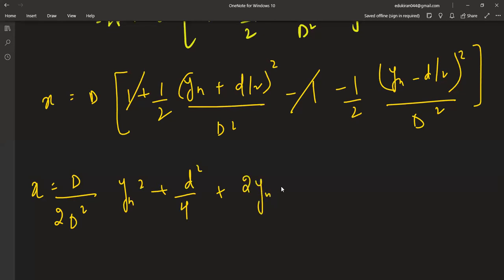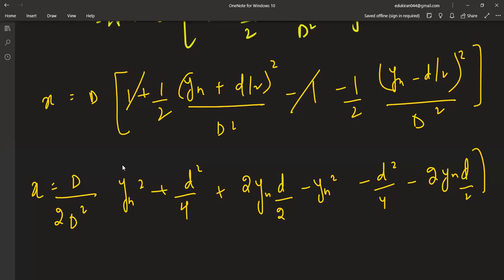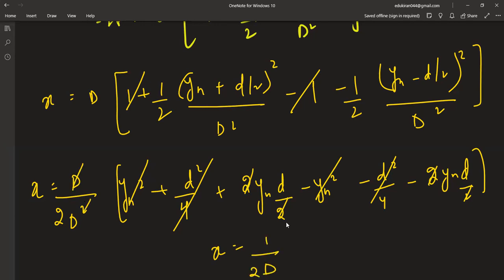So 2ab d by 2. This will be minus yn square minus d square by 4, and this will be 2 and d by 2, same thing, just with a negative sign. These will cancel. This 2 will be cancelled from here. So x will be equal to 1 by 2D, because 1 D will be cancelled here.